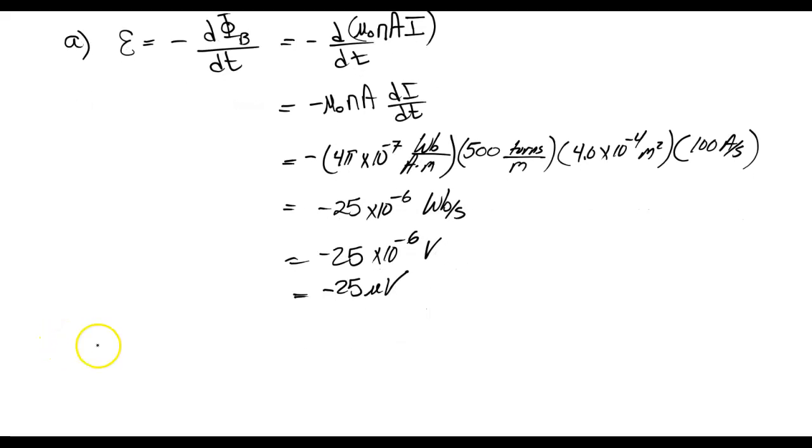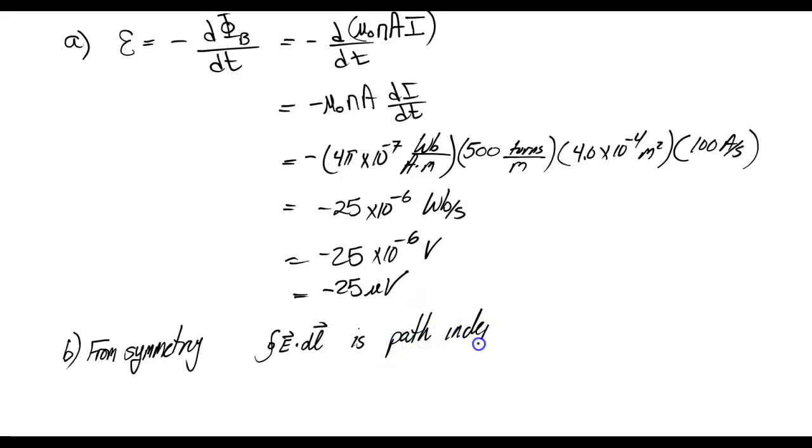Now for part B, we know that from the symmetry of the situation the integral of E dotted with dl is path independent.